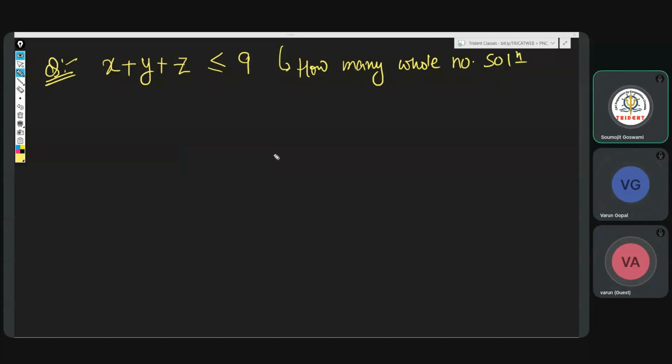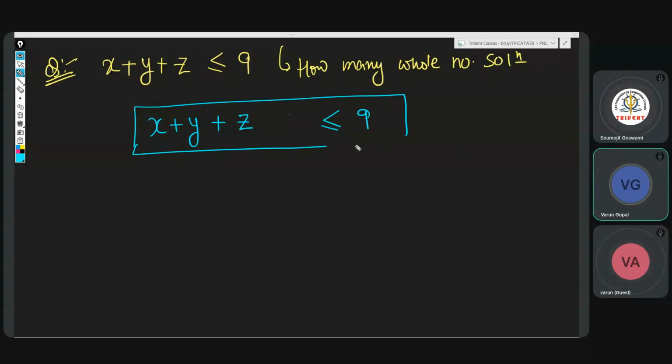We'll see tomorrow. Listen. So x plus y plus z less than or equal to 9. We need to find the total number of whole number solutions. But we have no idea how to solve inequality. We have some idea on how to solve equations.